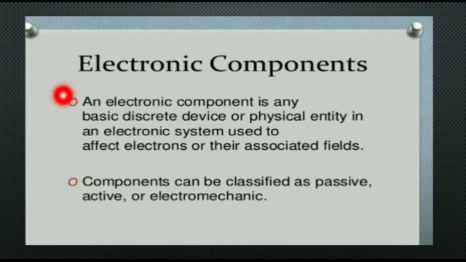An electronic component is any basic discrete device or physical entity in an electronic system used to affect electrons or their associated fields. You should just know this: an electronic component is a discrete device.